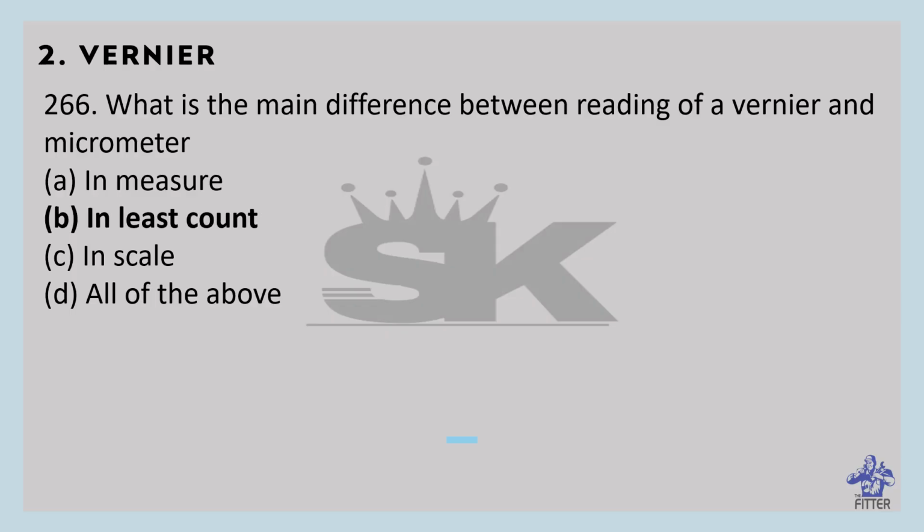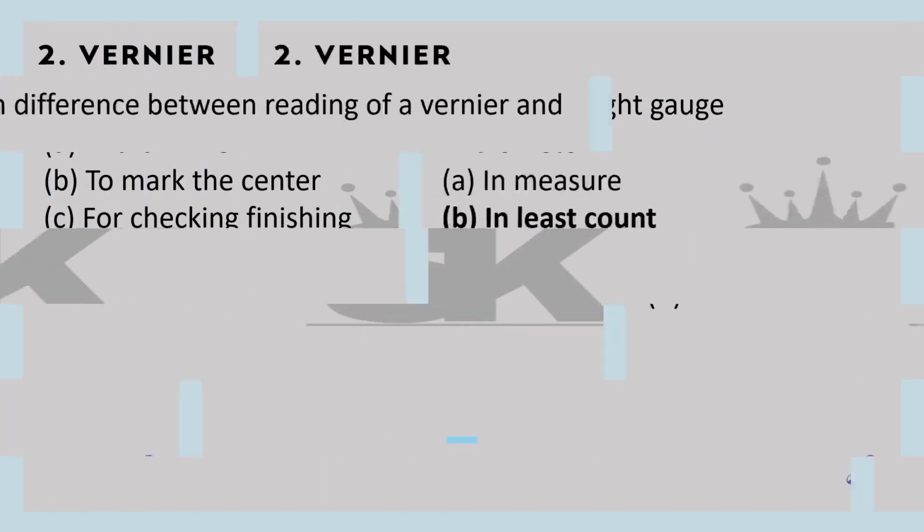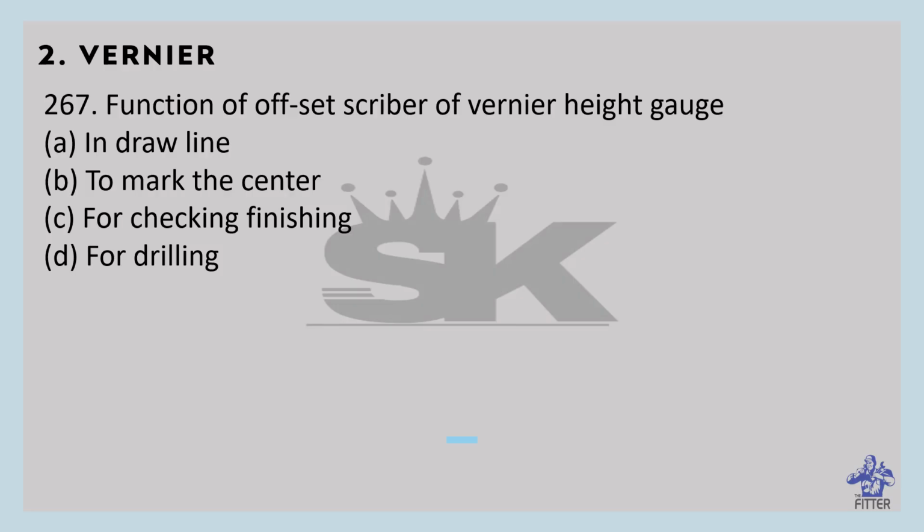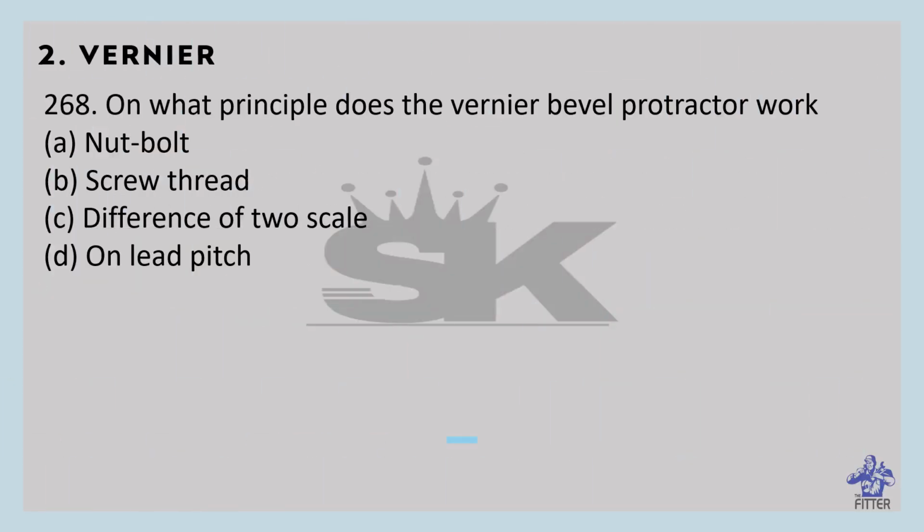The main difference between vernier caliper and micrometer is that the least count of vernier caliper is 0.02 mm and the least count of micrometer is 0.01 mm. Okay. Function of offset scriber of vernier height gauge is. So that is to draw line. Okay. On what principle does the vernier bevel protractor work? So that is difference of two scales. Okay. 1 MST minus 1 VST. Okay.